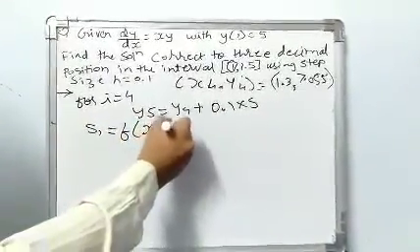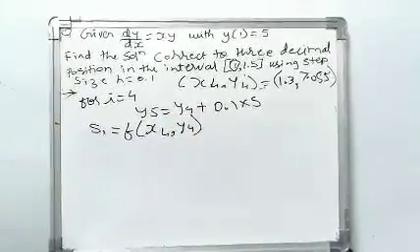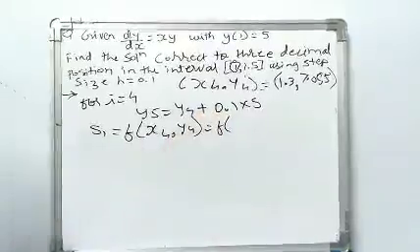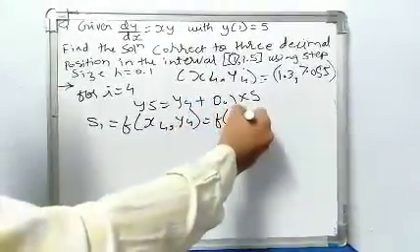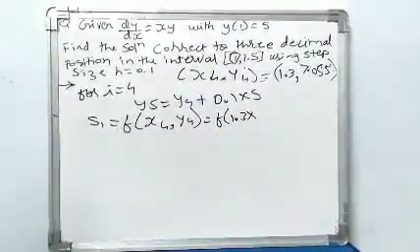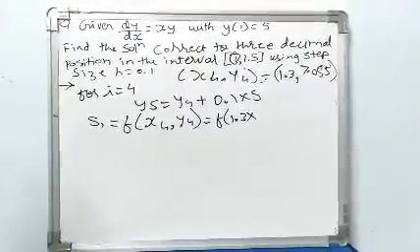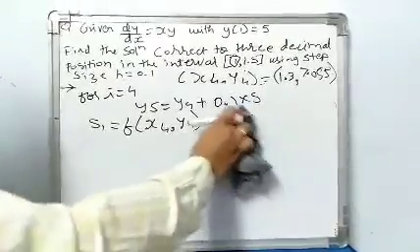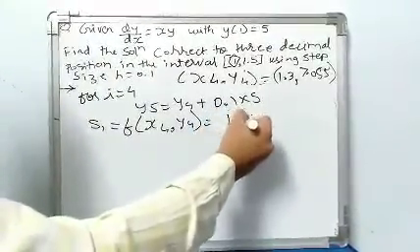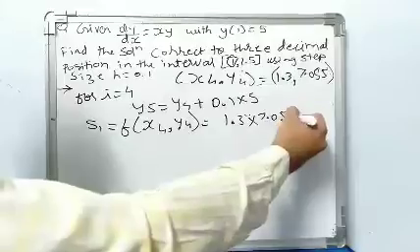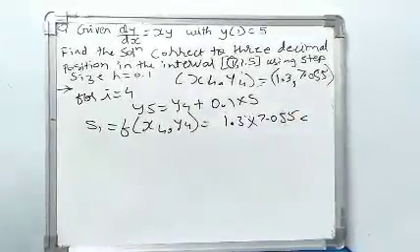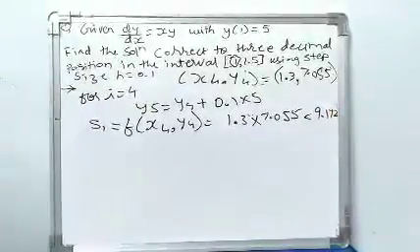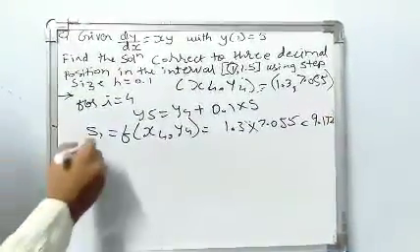For x4 comma y4, I'm directly writing down the values after replacing: 1.3 into 7.055 is equal to 9.172.